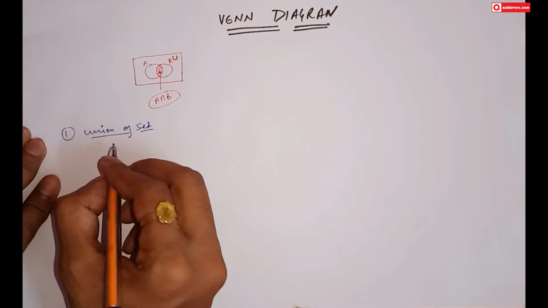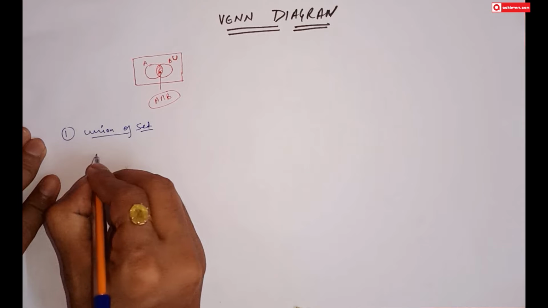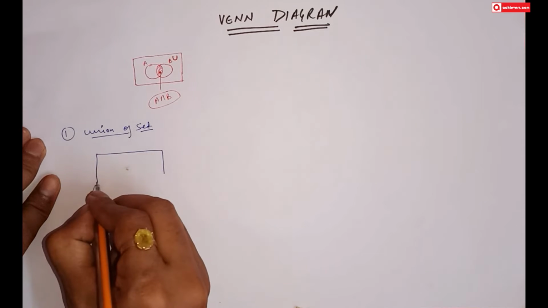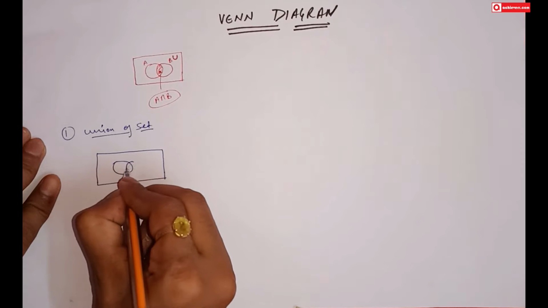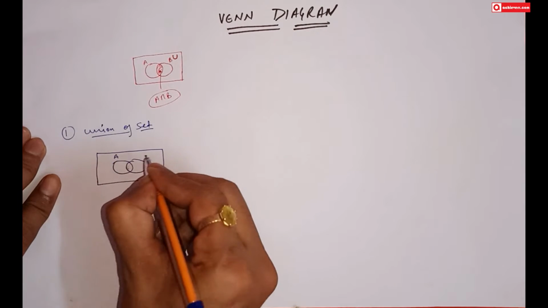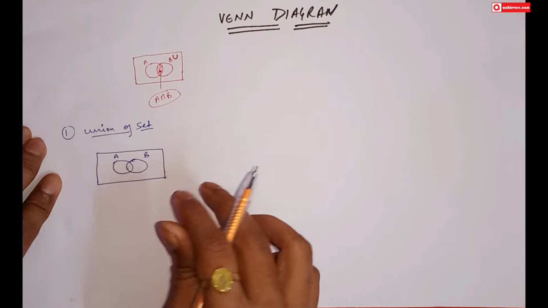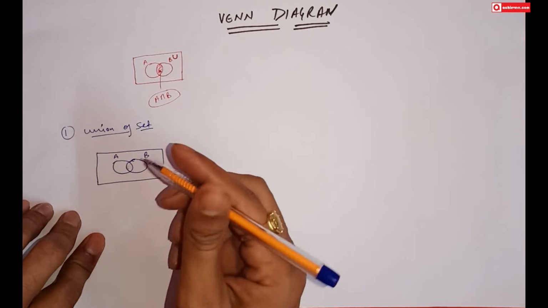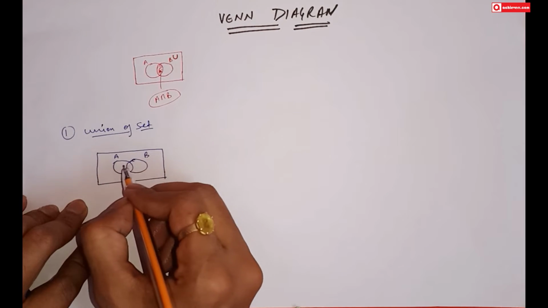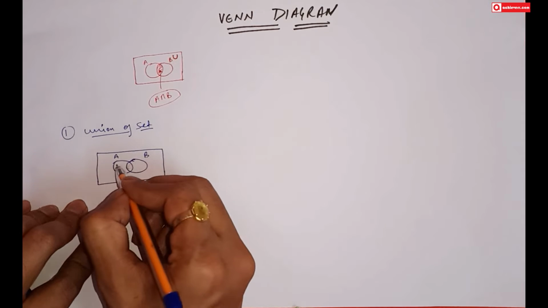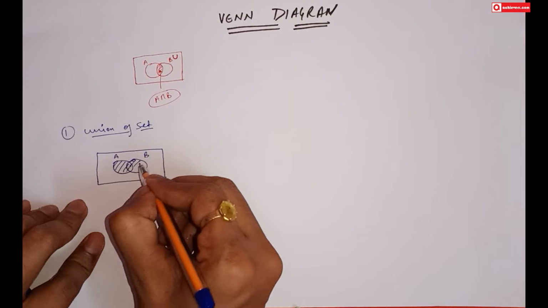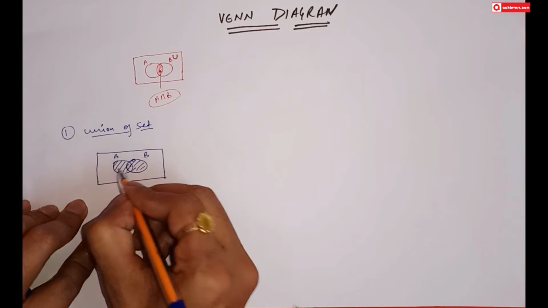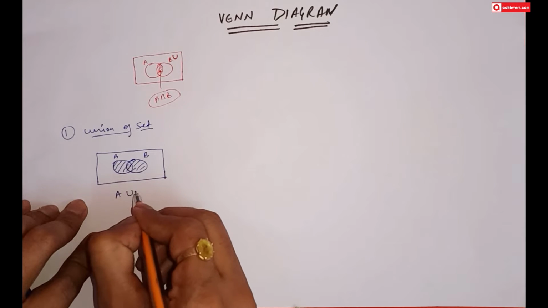Suppose we have two sets, set A and set B. This is set A and this will be set B. So what is the union of set? Union of set is all the elements included in both A and B. So this whole portion will be the union of the set. This is A union B.